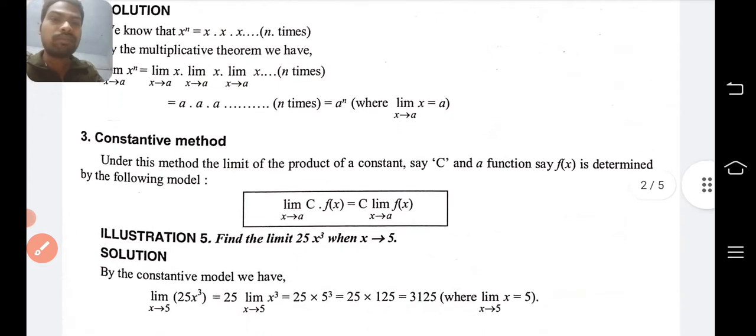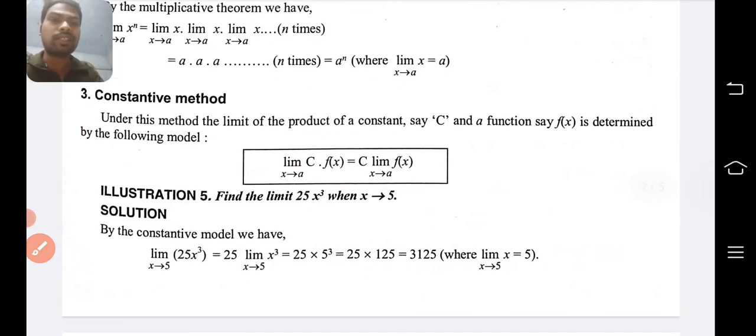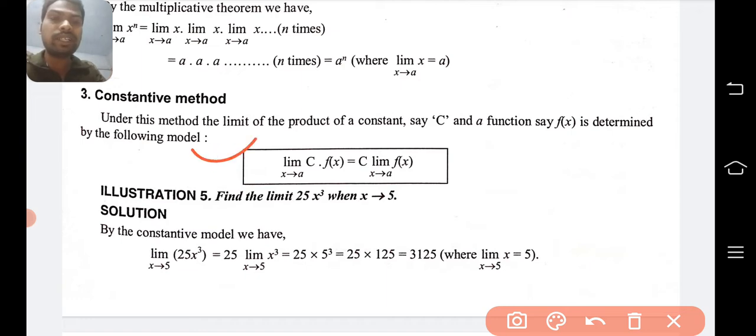So let's come to the constant method. It means the limit of a constant. If a constant term is given, then how are we going to get the limit? It is stated that for the limit x tends to a, where a constant term is multiplied with a particular term, the constant c will be taken outside and we can calculate the limit.